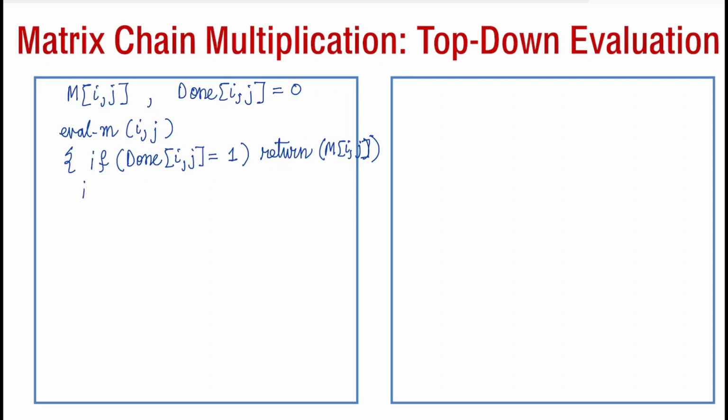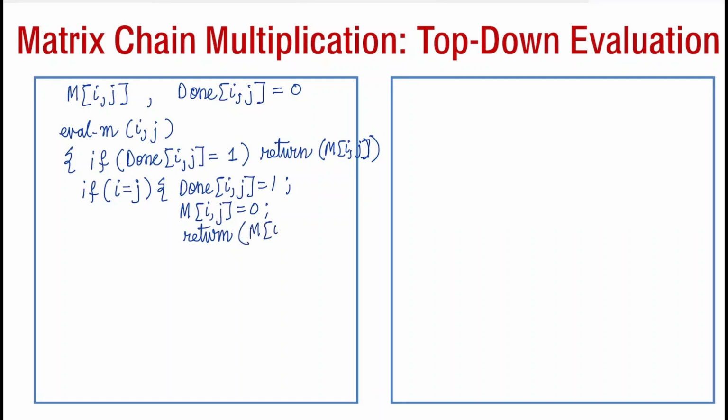Otherwise, if i is equal to j, then we set done ij equal to 1, we set Mij equal to 0, and we return Mij.